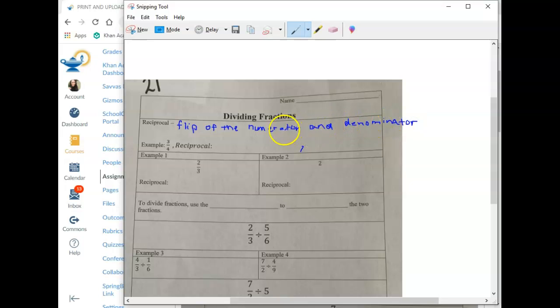So reciprocal is just a flip of the numerator and denominator. I am going to tell you an example of what the reciprocal is.